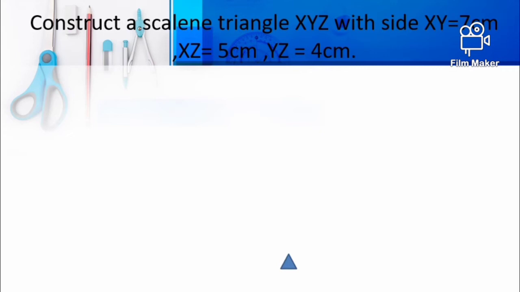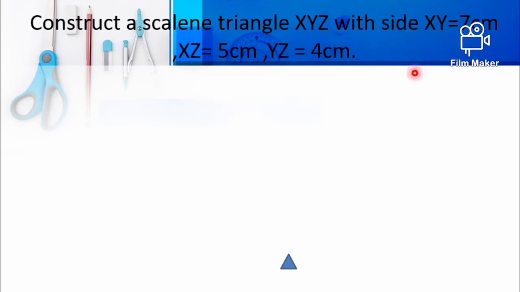Now we are going to draw a scalene triangle XYZ with side XY equal to 7 centimeter, XZ equal to 5 centimeter, and YZ equal to 4 centimeter. You can see in this example, we have all different sides.